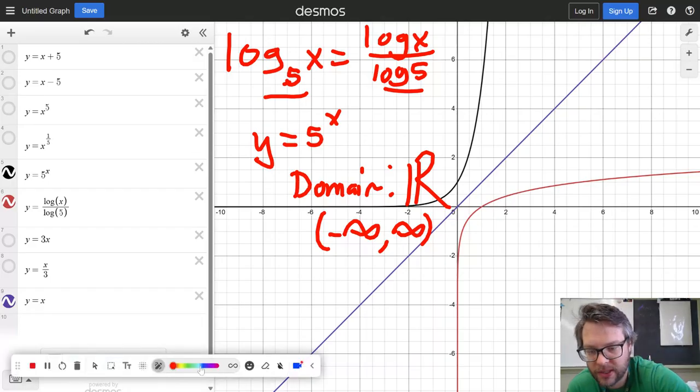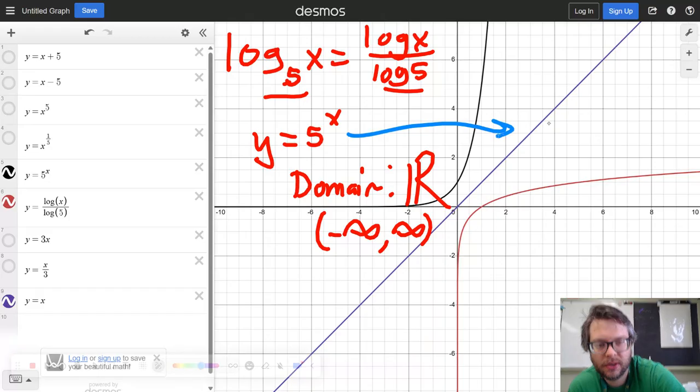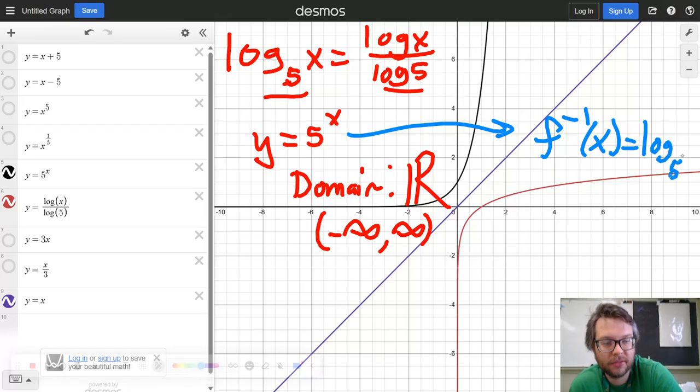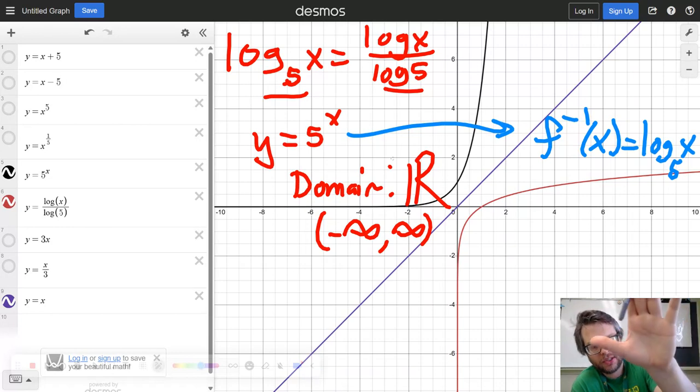Now, let's switch that to the inverse. The inverse function is log base 5 of x. And so now, the domain of the original one got flipped over the line y equals x. So when I was talking about the x values of the original function, 5 to the x, now I'm talking about the y values of the inverse function.